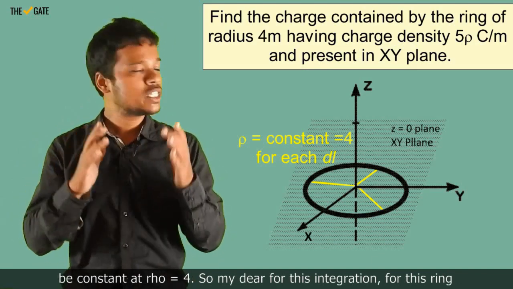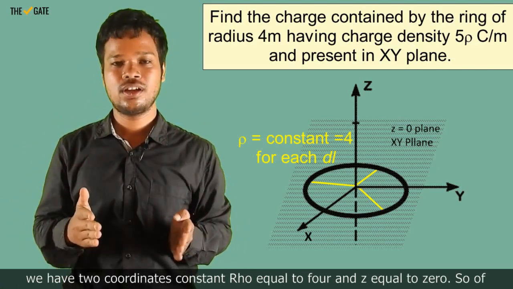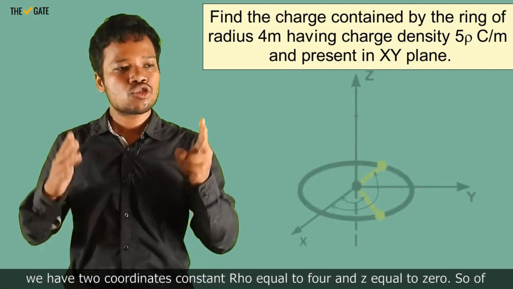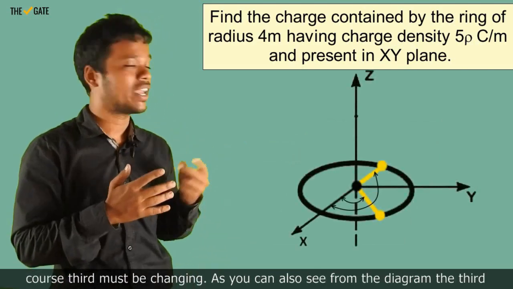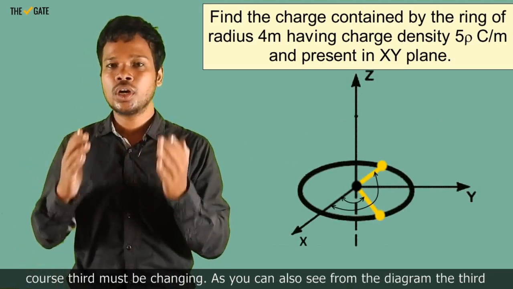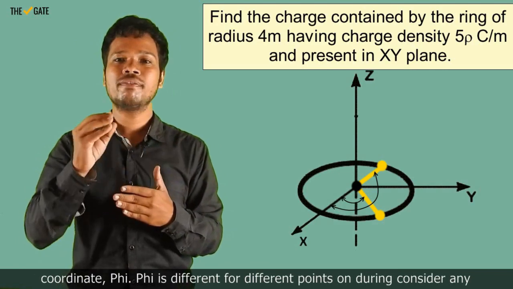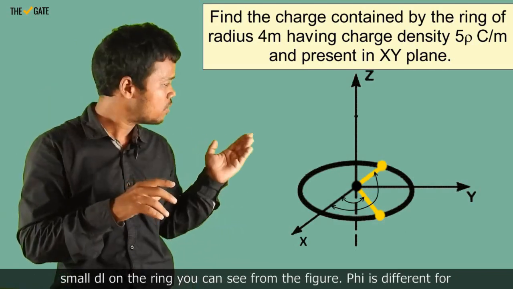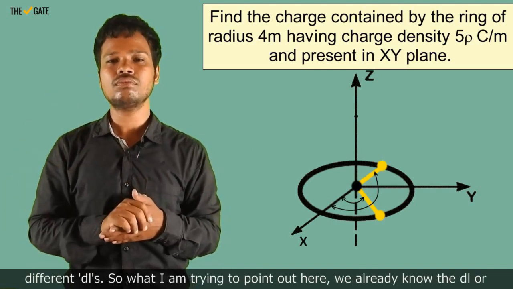So my dear, for this ring, we have two coordinates constant, rho equal to 4 and z equal to 0. So of course the third must be changing. As you can also see from the diagram, the third coordinate phi is different for different points on the ring. You can see from the figure, phi is different for different dls.